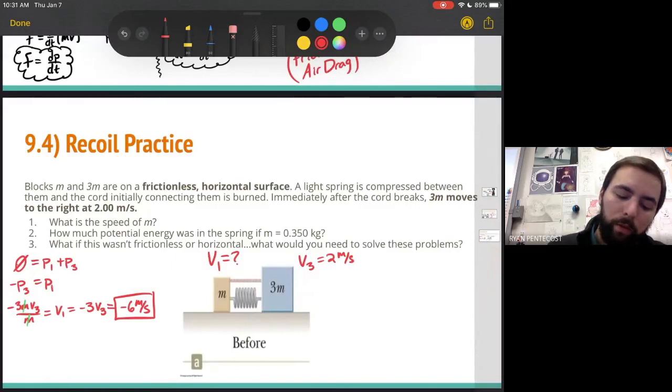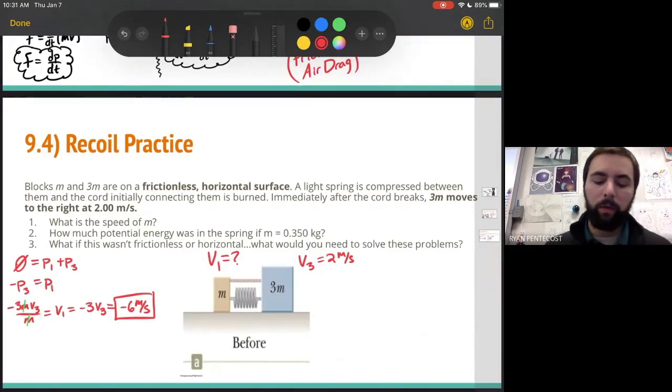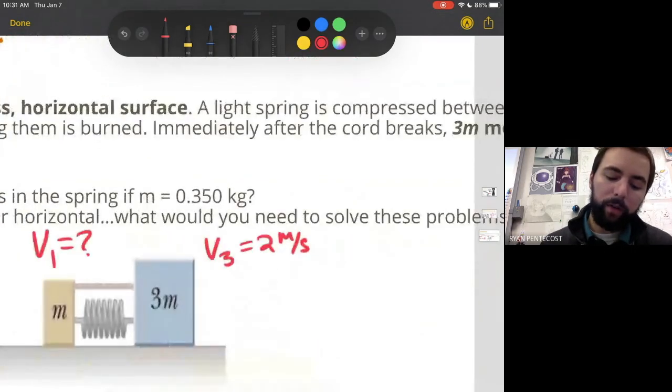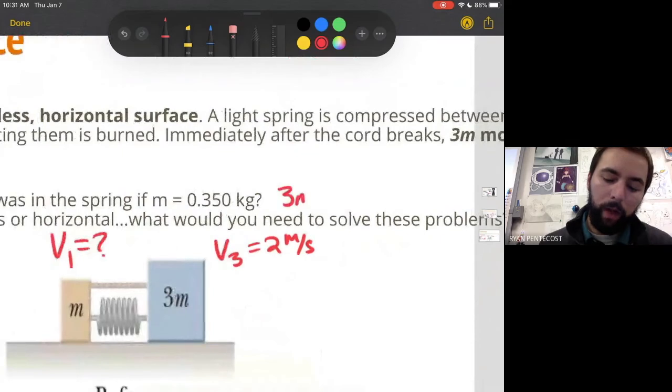Now, number 2, bumping up the difficulty a little bit. How much potential energy was in the spring if m equals 0.350 kilograms? If m equals 0.350, then 3m would equal 1.05 kilograms.